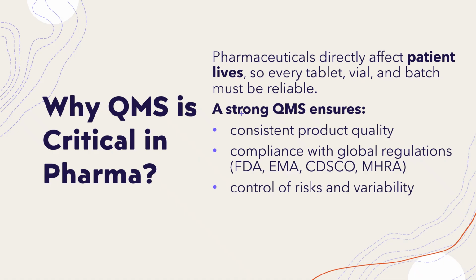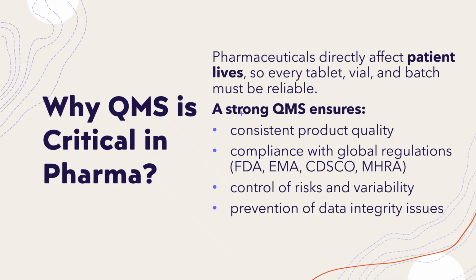Next is the control of risk and variability. Risk-based tools help to identify and control the factors that could impact your product quality and process stability, right? So you should always follow certain frameworks designed by the different guidelines and regulatory bodies to have control over your product, right? Next is the prevention of data integrity issues.